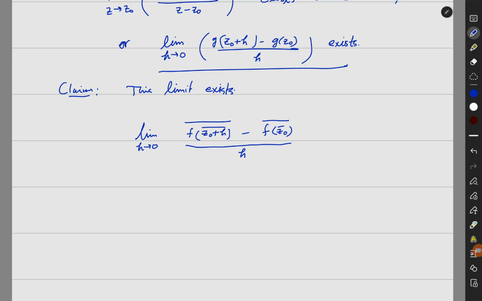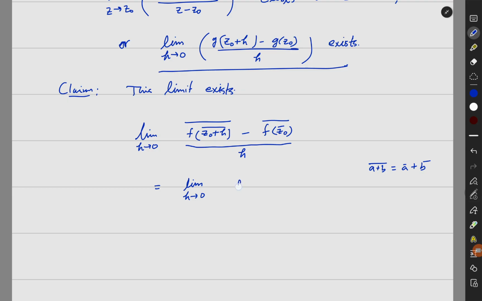Now this is equal to limit h tending to 0. Solving it more, we can take the conjugate common, because a plus b whole bar is equal to a bar plus b bar.